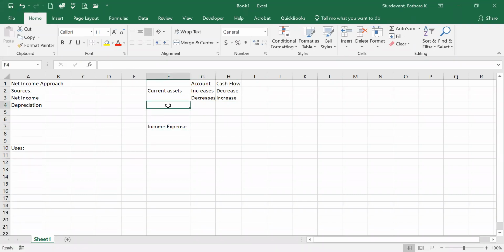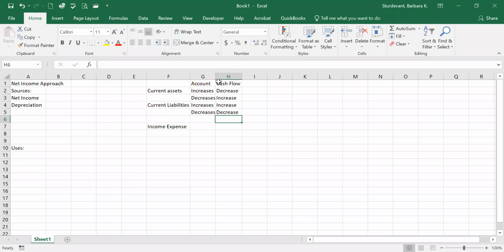All right, current liabilities. If a current liability increases, what does cash flow do? It increases. And if a current liability decreases, what does cash flow do? Decreases.